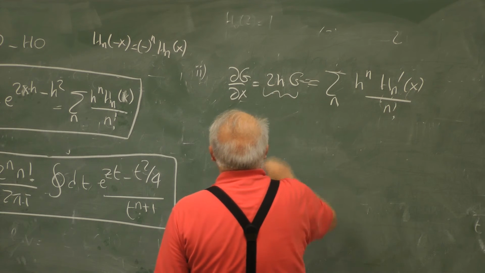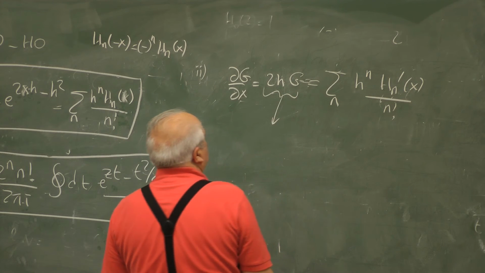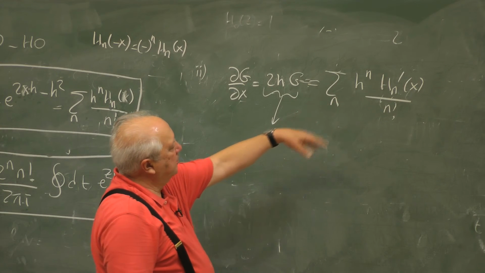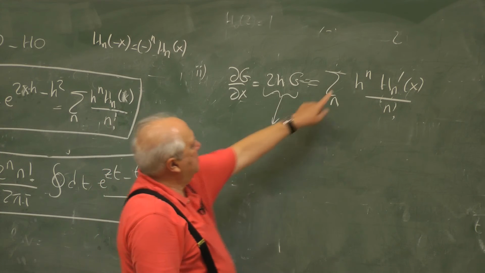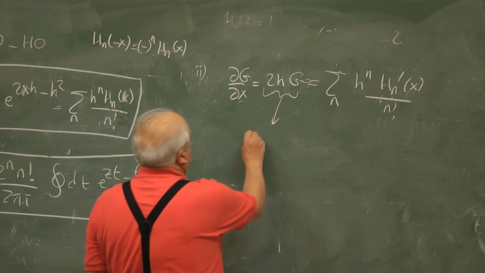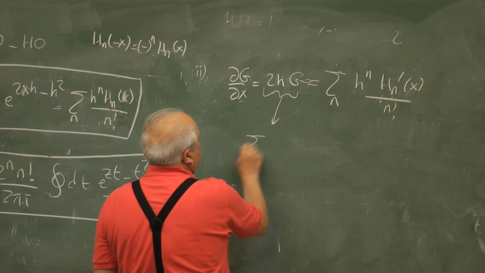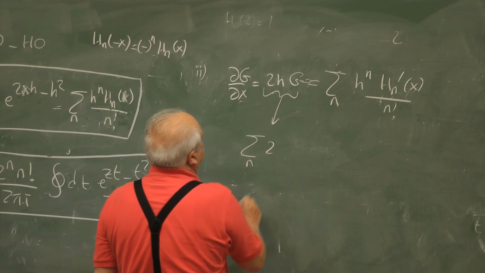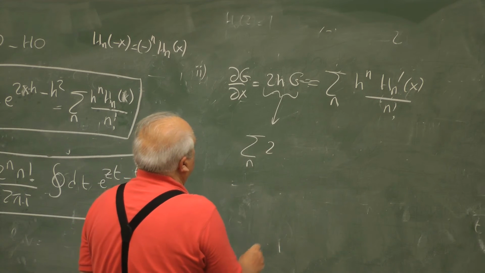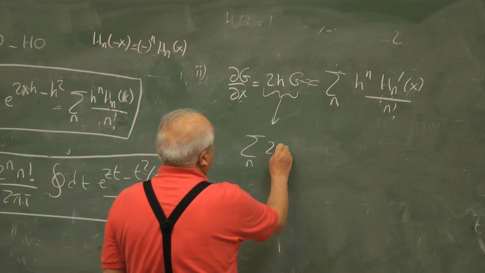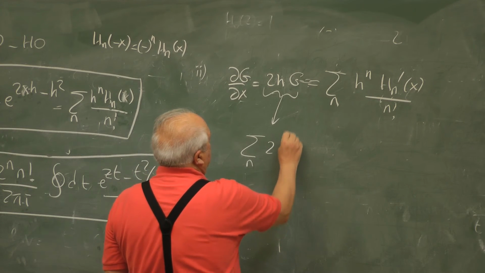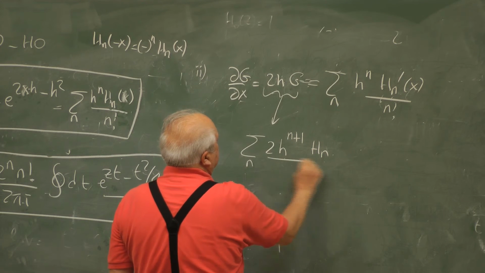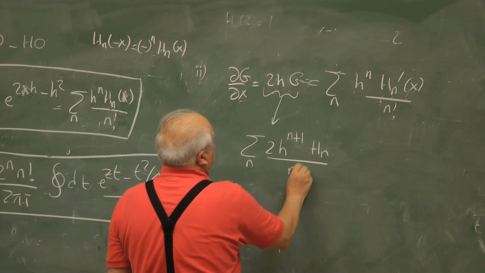Let's look at here. I will expand this like that and compare the coefficients in terms of h to the n. So it is sum over n, 2 Hn h to the n plus 1 over n factorial.